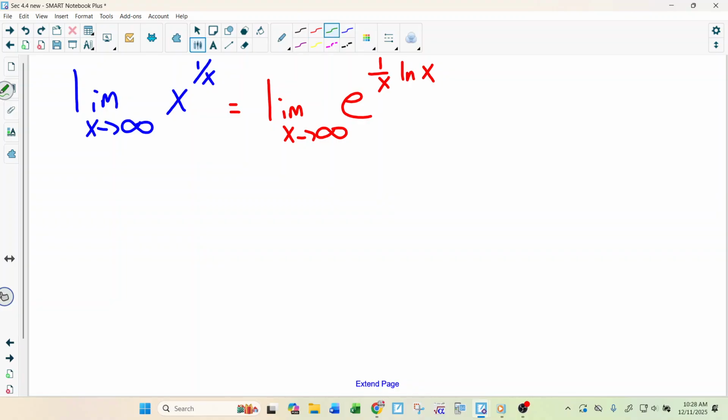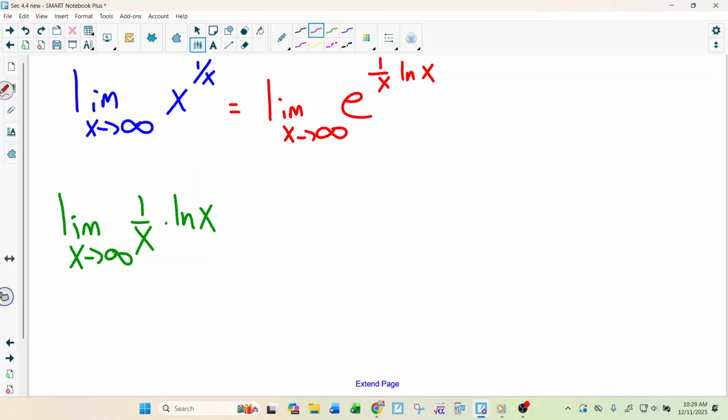So once we get to there, now we can say, okay, all we need to worry about is the exponent. What form do we have? What happens if you plug in infinity right now? 1 over x goes to 0, right? And the natural log of infinity goes to infinity.